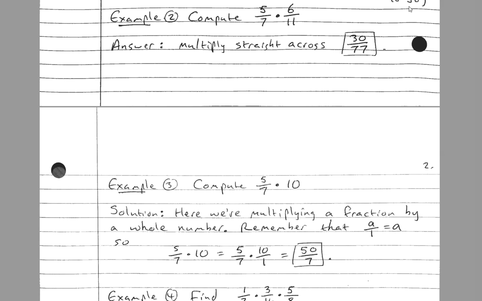So the trick here is just to remember this idea. This is really 10 over 1. So now it's 5 times 10, and we have a 1 on the bottom, so 7 times 1. So the answer is 50 over 7. That's the way you handle whole numbers if you want to think of them as fractions.